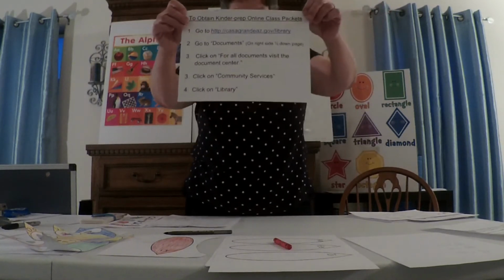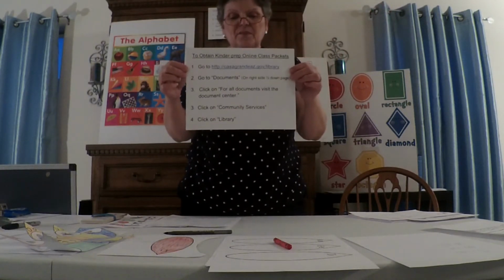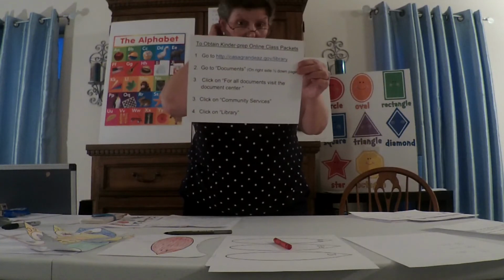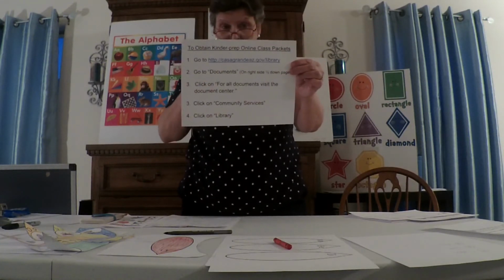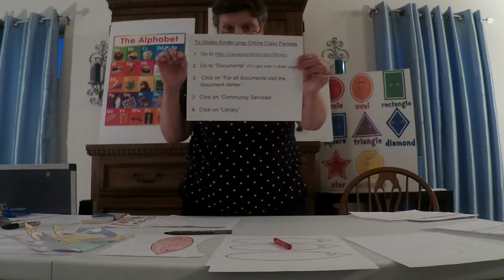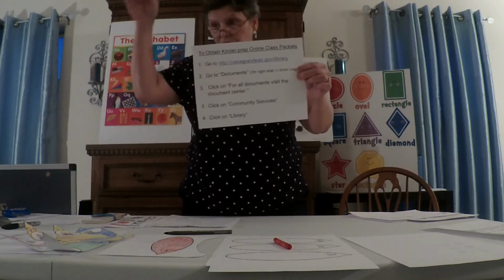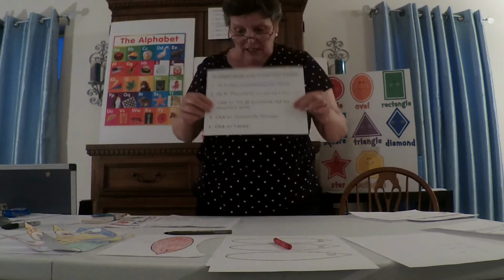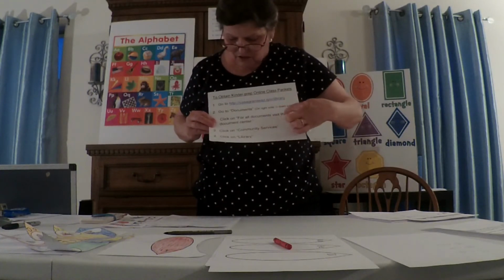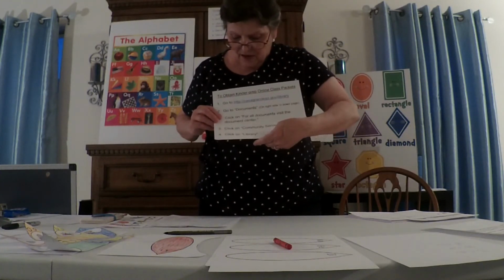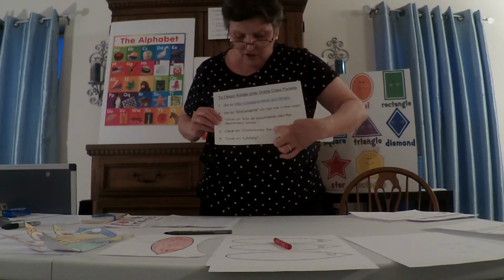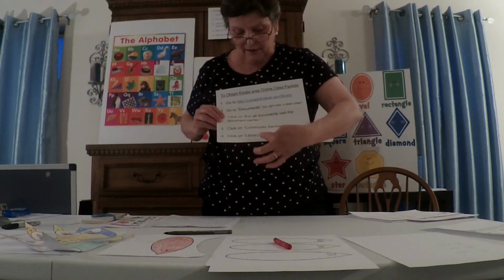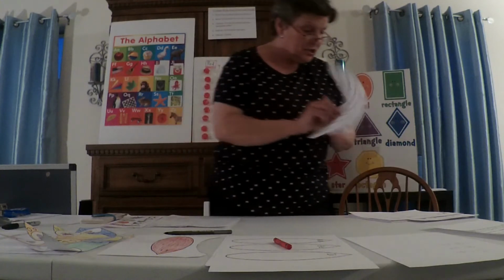Okay, you go to the Casa Grande Library website, casagrandelibrary.gov/library. Then you go down on the right side to documents, and then you click on for all documents, visit the document center. Then you click on community services. Then you click on library, and that'll be all of the documents.